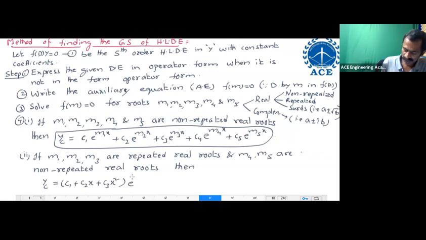Any one we can write. Corresponding to the other 2 non-repeated roots: C4 e power m4x plus C5 e power m5x.